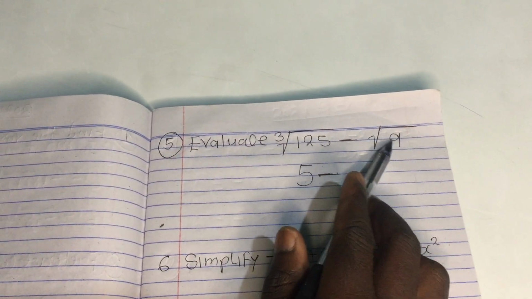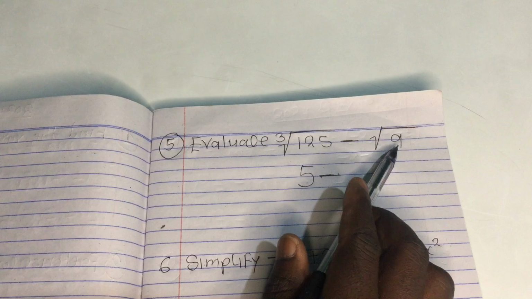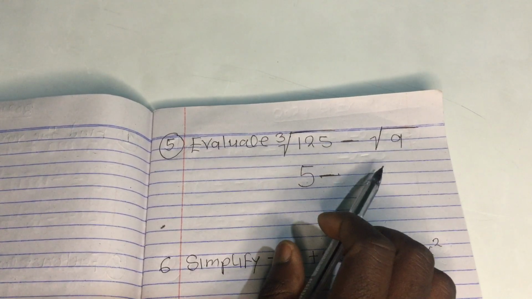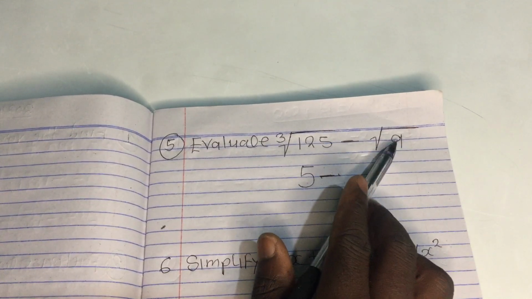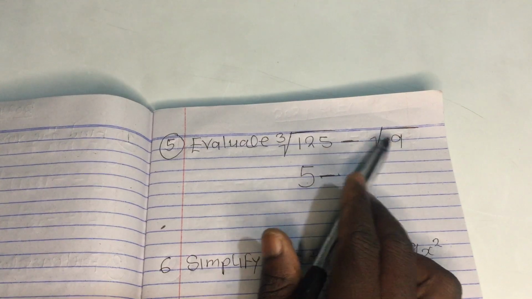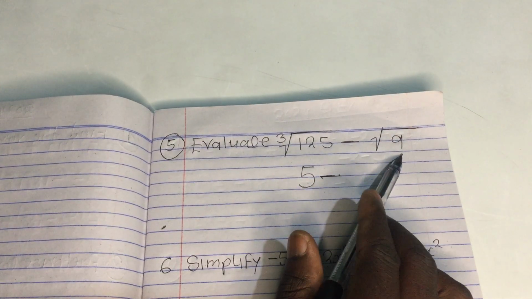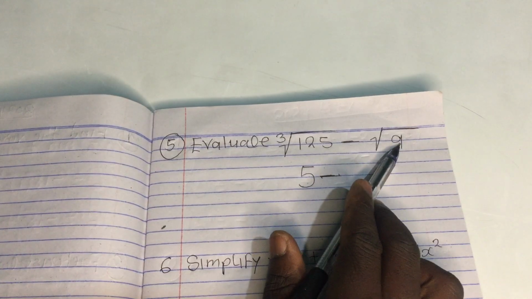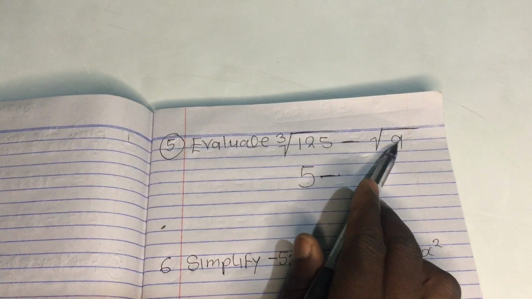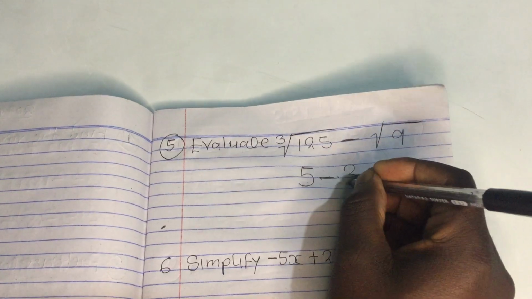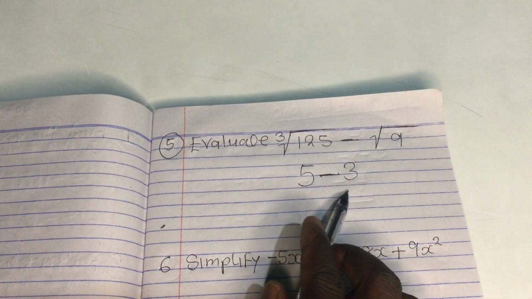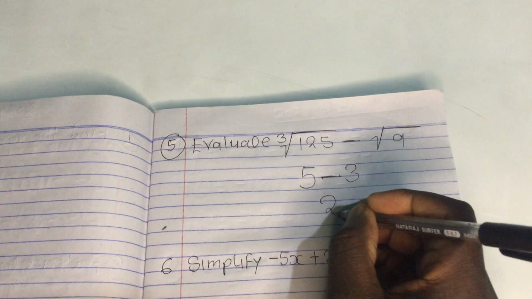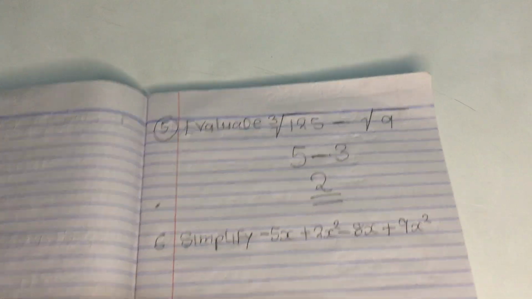What is the square root of 9? Square root simply means the number which, if you multiply it 2 times, you get 9. It's 3. So 5 remove 3 is 2. This is your answer there.